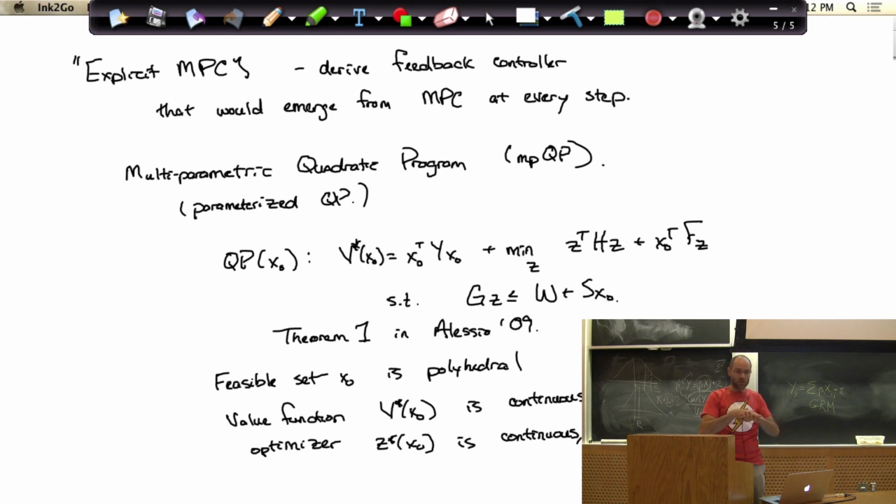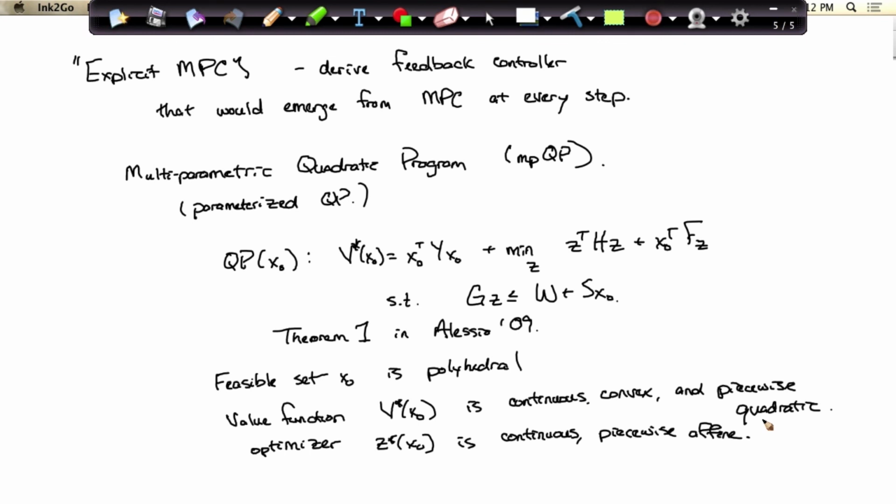The controller for unconstrained LQR is a linear controller. Now it's a piecewise linear controller. It's beautiful that they can prove this, and actually they prove it in general for these QPs, that QPs have these nice continuous solutions when we've parameterized them in this way.